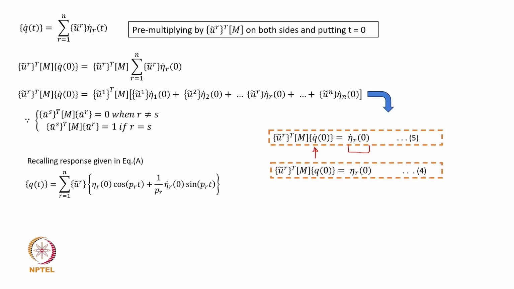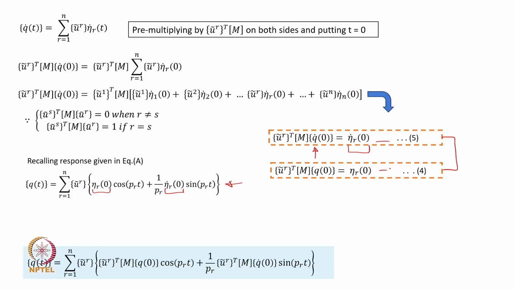And once we use these two equations which we have found in the general equation for the physical response, I can now replace eta r naught and eta r naught dot, taking them from these two equations 5 and 4, and I finally get the response which is given by this.